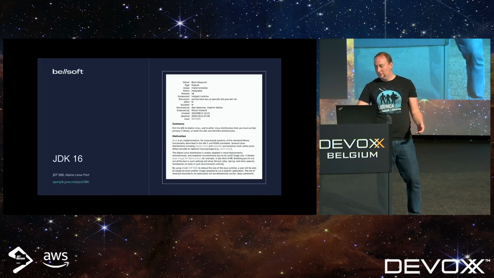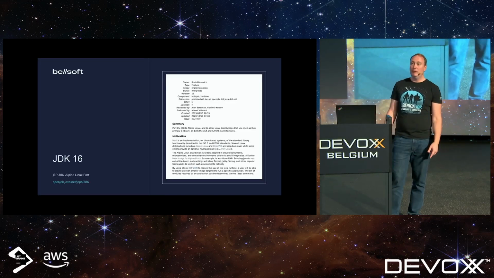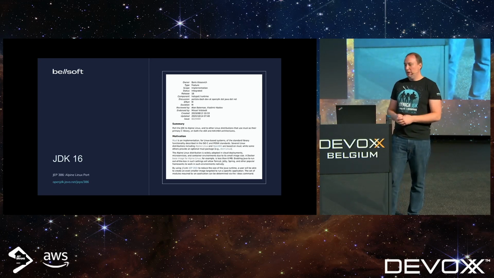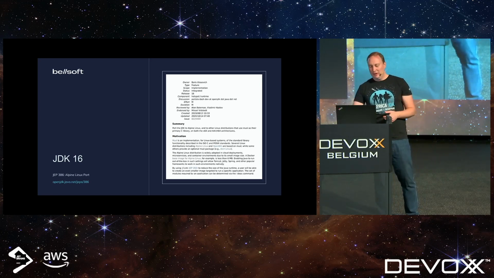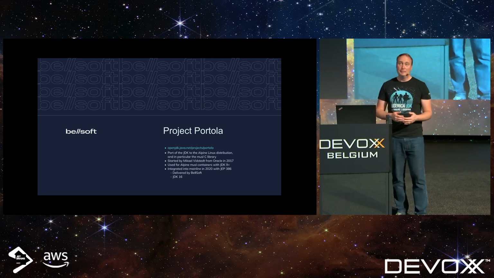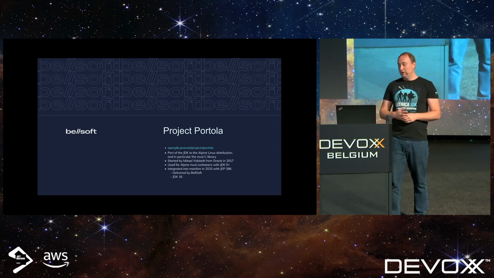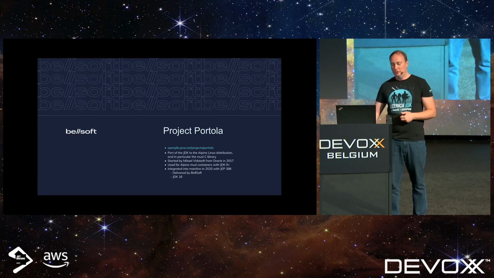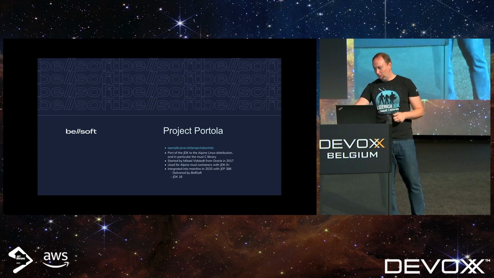It required some work. It was covered by JEP 386, delivered by BellSoft, but developed by multiple companies. And it all started as a project in OpenJDK, Project Portola, by Michael Wittstedt, and we just took that work and brought it to the actual JDK mainline.